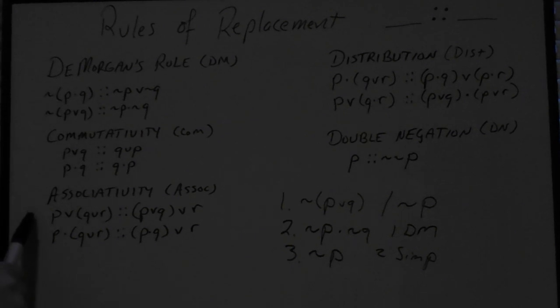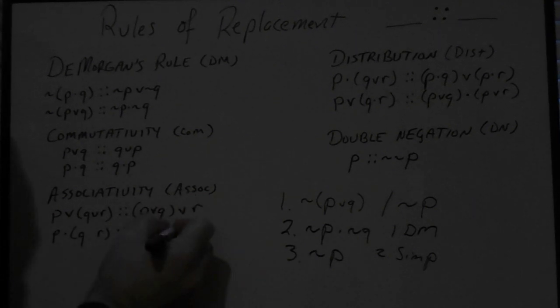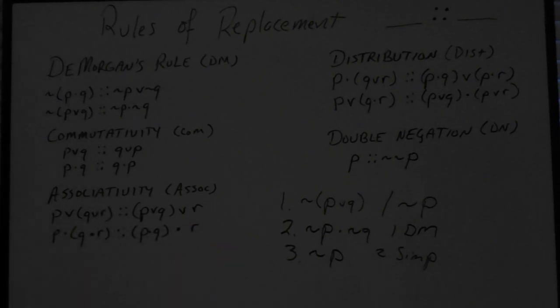The third, associativity, abbreviated ASOC, basically says that if you have 3 letters joined by the wedges or the dots, I misdrew that, didn't I? Sorry about that. So if you have the 3 letters joined by the wedges or by the dots, it doesn't matter where the parentheses are.